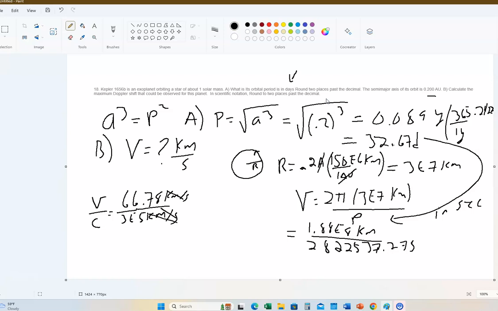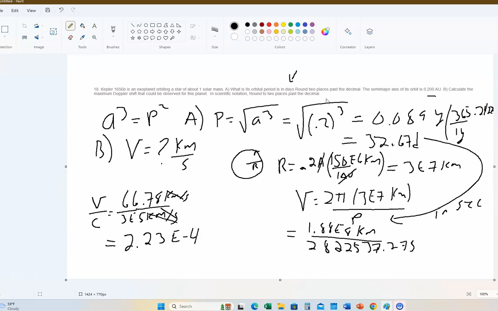And this is what's called the Doppler shift, this v over c, the velocity divided by the speed of light. You want them to be in the same units, because of course the kilometers per second have to cancel. It turns out to be a very small number, 2.226, or I'm going to say 2.23 times 10 to the minus 4th.